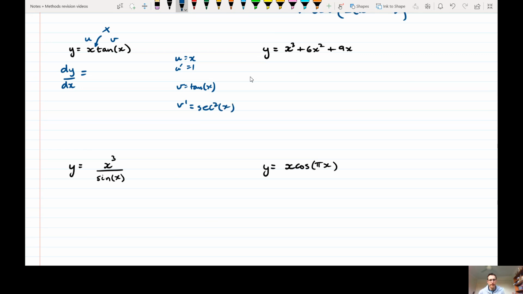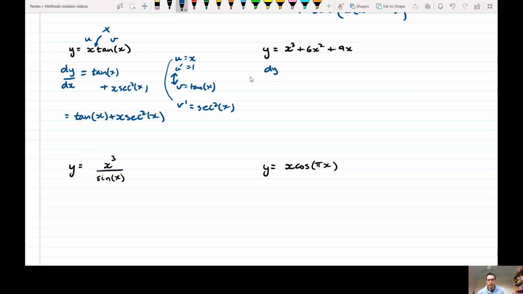And also the derivative of the x comes at the front, which is just 1 in this case, so it doesn't really do anything. Now, we do v times u dash, so 1 times tan of x will give you tan of x, plus u times v dash, so you'll end up with that, and let's write it in one line. Don't have to rewrite it now, but just given the way I've written it, I'll give it some space. Like that there, so it's product rule.